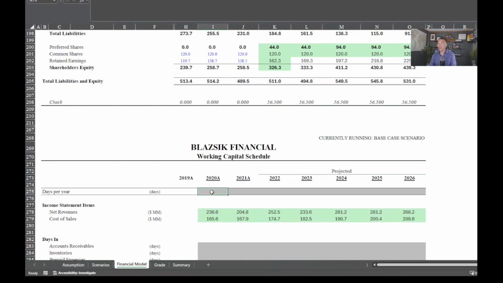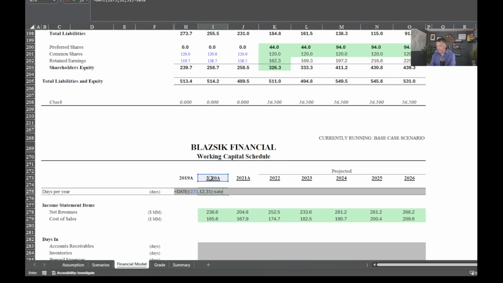Next, I want to find out how many days are in that year. And I'm going to say equals, and I'm going to type in date. And what it's asking for is the year, which is 2020, comma, how many months are in that year? 12. And then we go off 31 days. And then what I'm going to do is subtract.